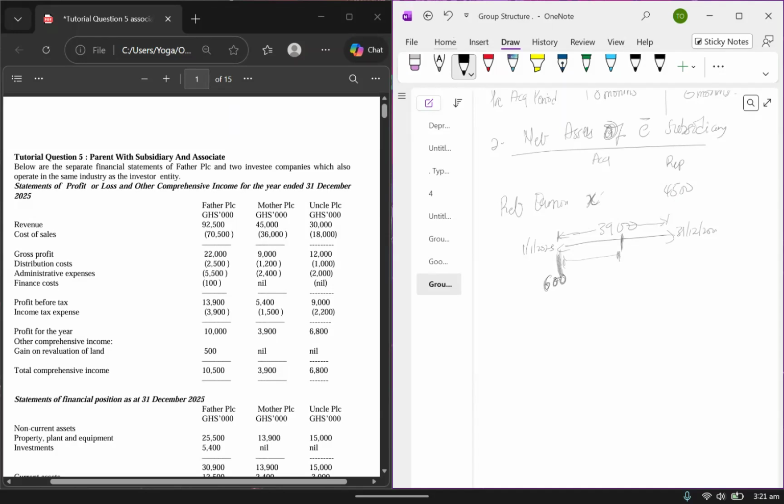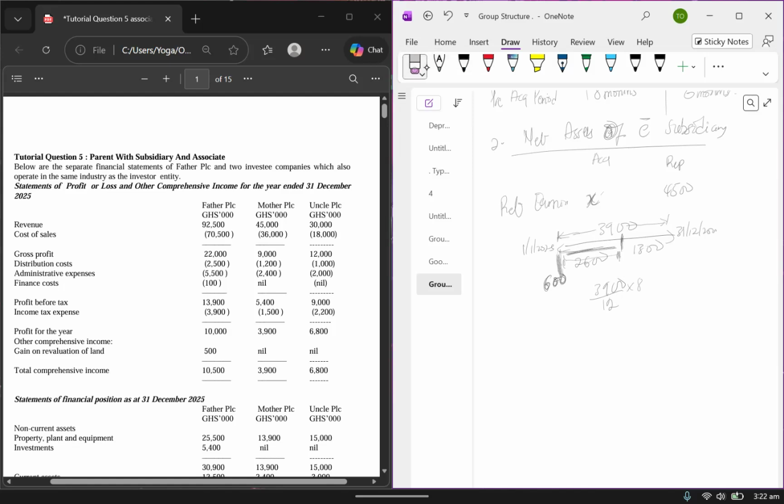So if you look for the portion of the profits here, this 3,900 divided by 12 times the pre-acquisition period within the year, which is 8, 3,900 divided by 12 times 8 gives you 2,600. Meaning from this side to this side is 1,300.